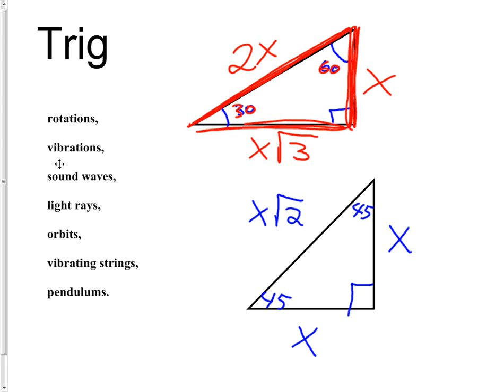That's like a tone being made by a string that's vibrating, like a harp string or a piano string or a guitar string. Those all can be studied based on trig. Rays of light, well, I don't want to get too complicated here, but things that have to do with motion seem to be a common theme here.